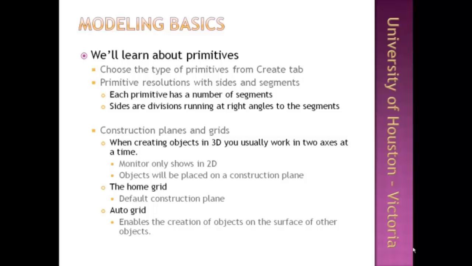When you create and manipulate objects in 3D, usually you work in two-dimensional spaces. Basically, you work within XY, XZ, or YZ, top, left, and front view of your objects, because your monitor is a two-dimensional space and it shows you two-dimensional information.